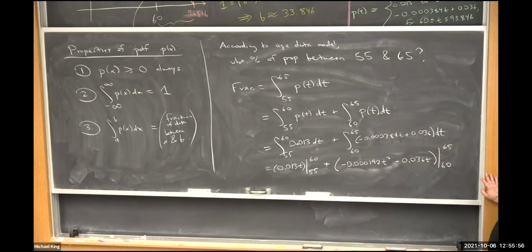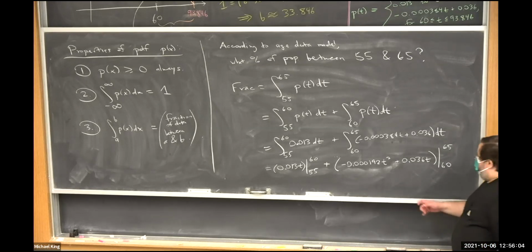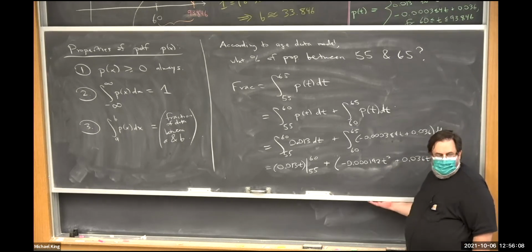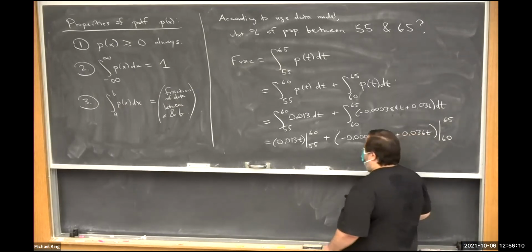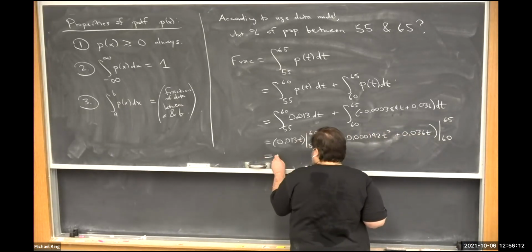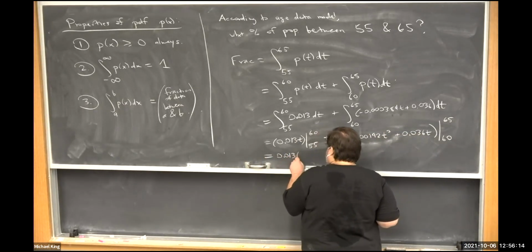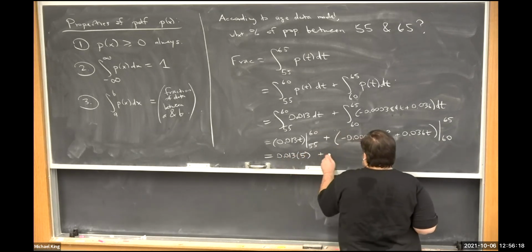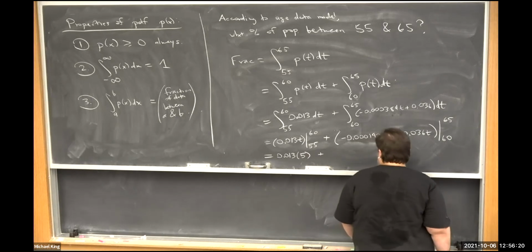I'm definitely not going to do all this by hand like I was doing with the stupid gravity problem, because we'll have to put this in a calculator basically, right? But this piece at least is just 0.013 times 60 minus 55, which is 5. And then plus, oh my God, okay.